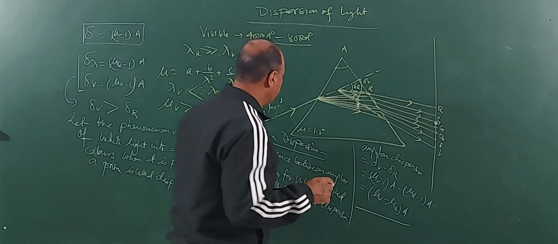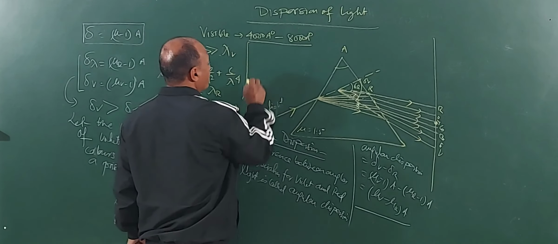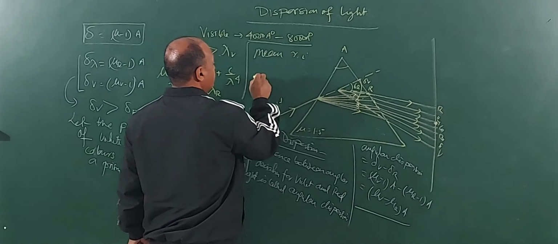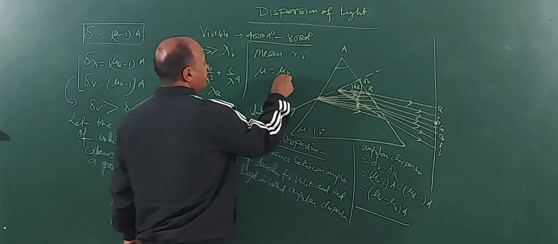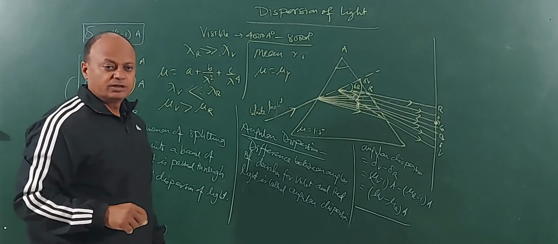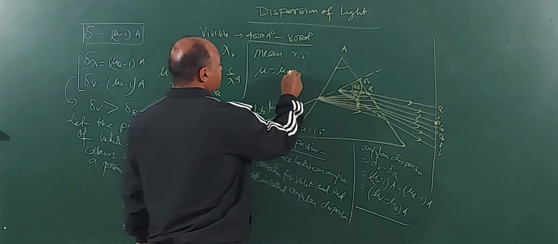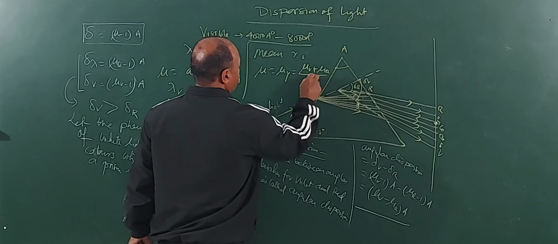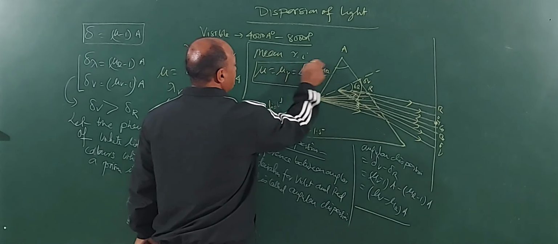Clear? So, here I will write this term for you: mean refractive index mu is the same as mu for yellow, and mu for yellow can also be considered as the average of refractive index for violet and red. So, you should bear this in mind for numericals.